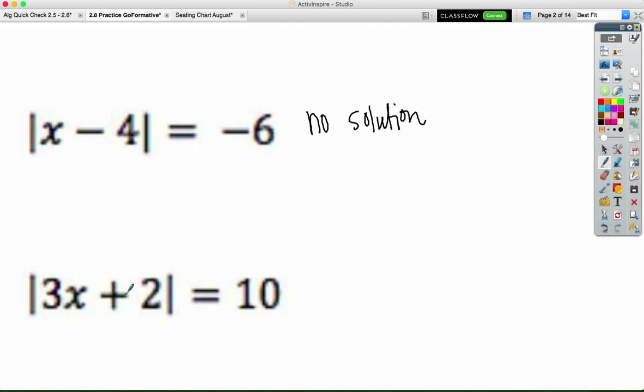Number 5 here, it is set equal to a positive number. Absolute value expression is already isolated, so no extra work. We're going to work it both ways, saying it's 10 units to the right and 10 units to the left. So 3x plus 2 equals 10, and 3x plus 2 equals negative 10. So I will minus 2 from both sides.